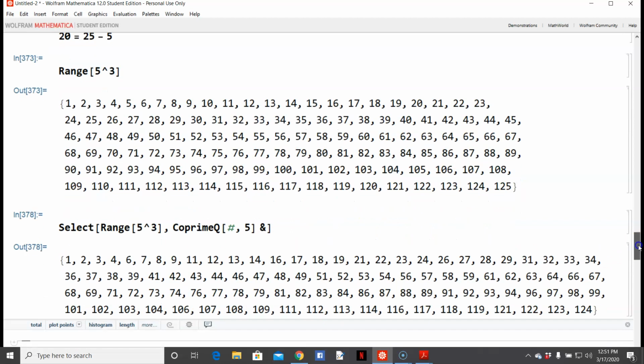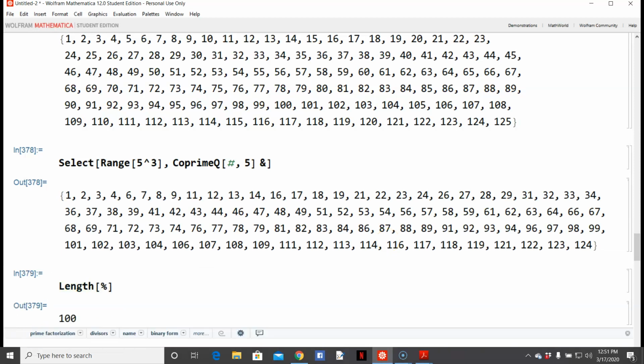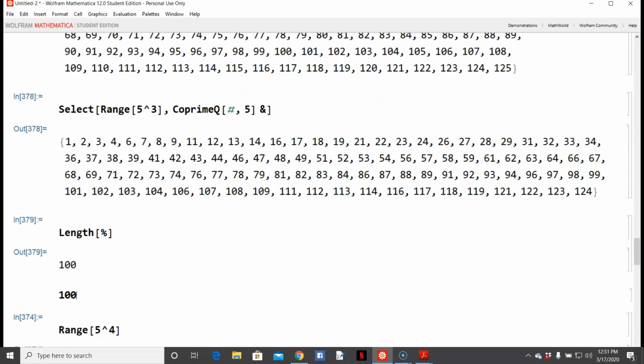All right, well, how many is that? It's 100. And 100 is 125 minus 25. Because there are 25 multiples of 5 between 1 and 125.